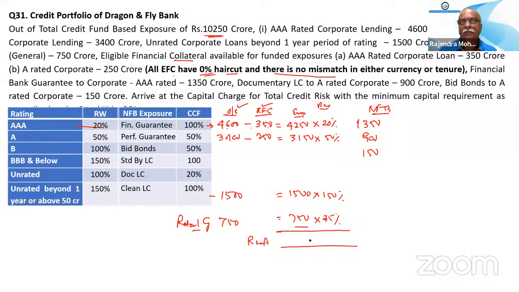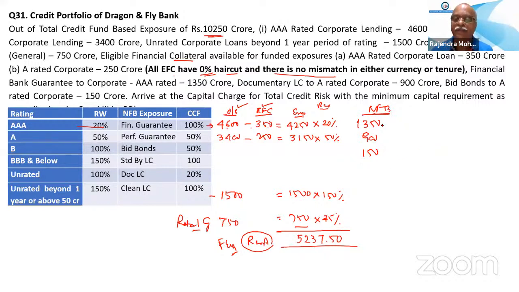How much? 5,237.50. Somebody else confirm whether this is correct or not. Correct, sir. Okay, fine. Then we have got the RWA for funded exposure.